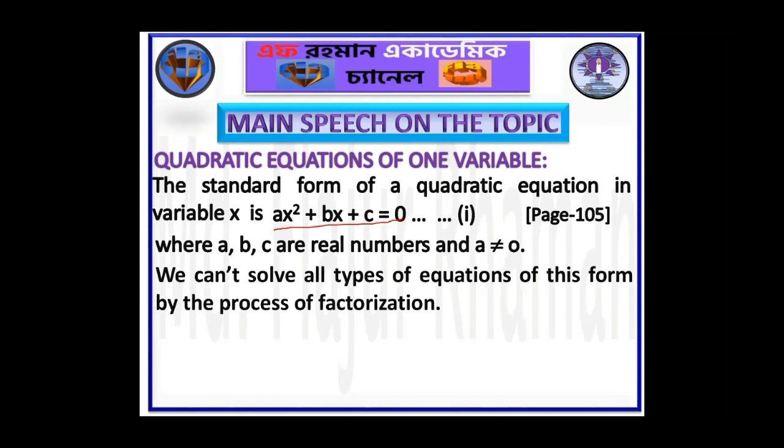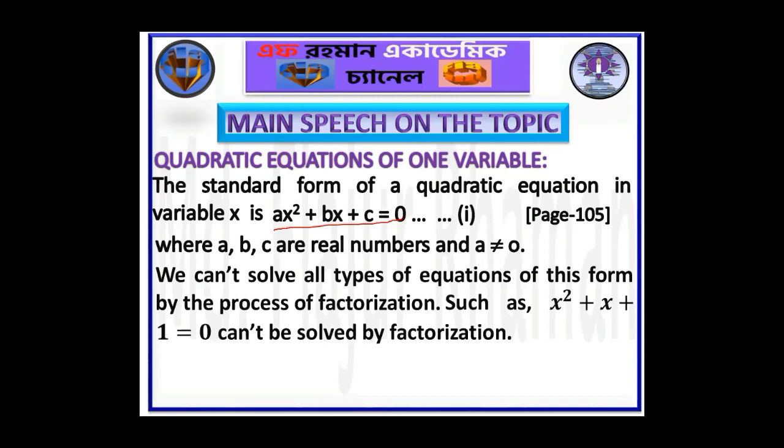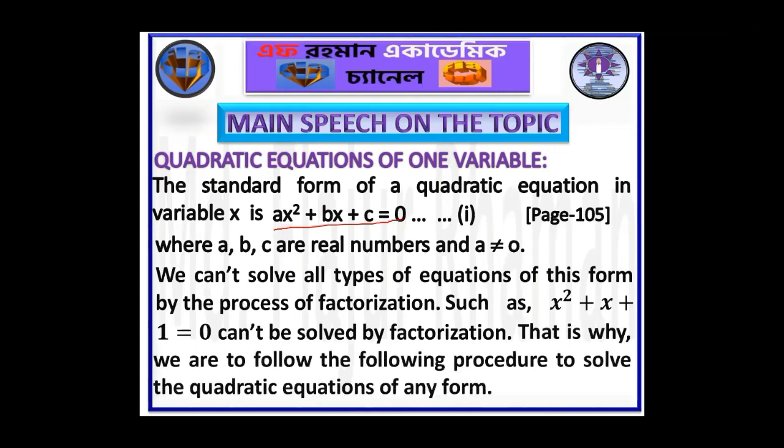We cannot solve all types of equations of this form by the process of factorization, such as x squared plus x plus 1 is equal to 0 can't be solved by factorization. That's why we have to follow the following procedure to solve the quadratic equations of any form.